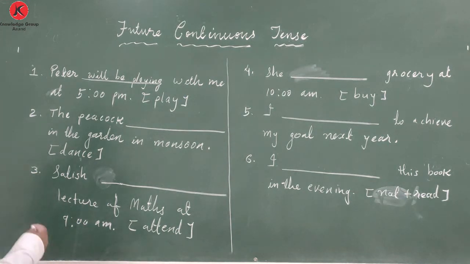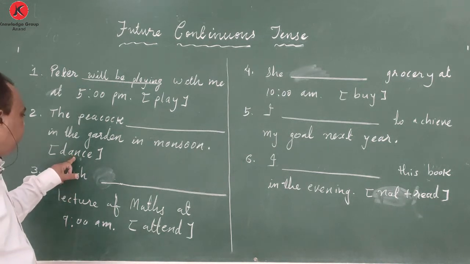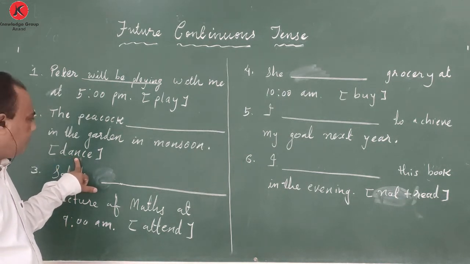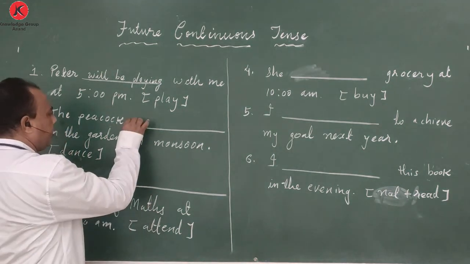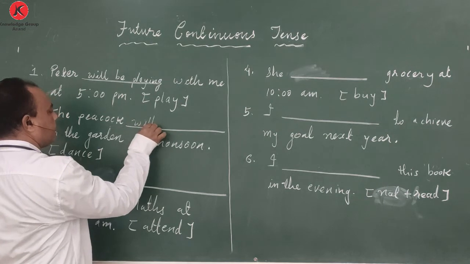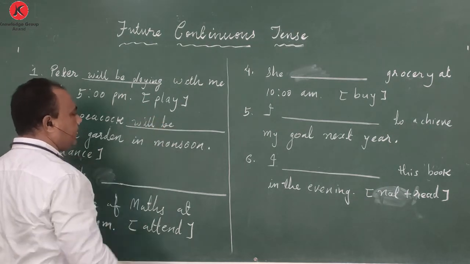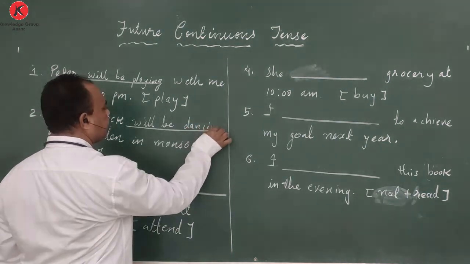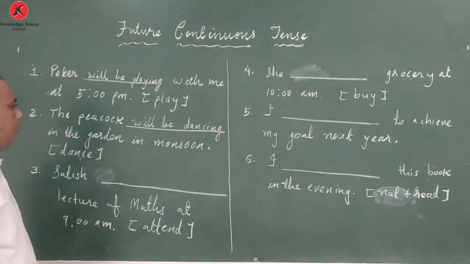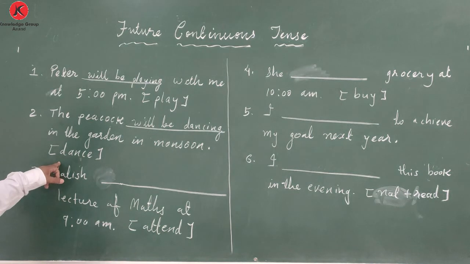Let us go to the next sentence. The peacock dash in the garden. In the bracket, the verb given is dance. The peacock will come in the category of third person, will, be, dance, ing, dancing. The peacock will be dancing in the garden in monsoon.